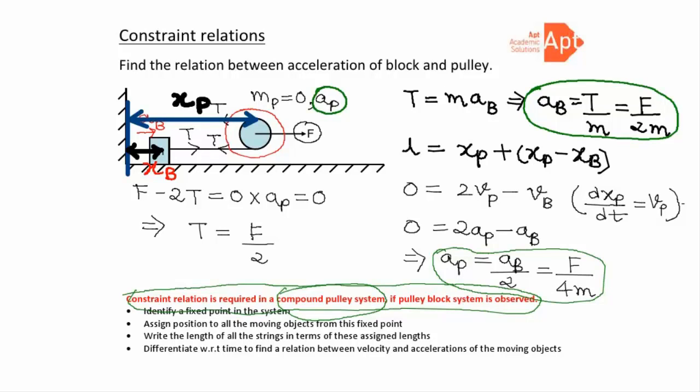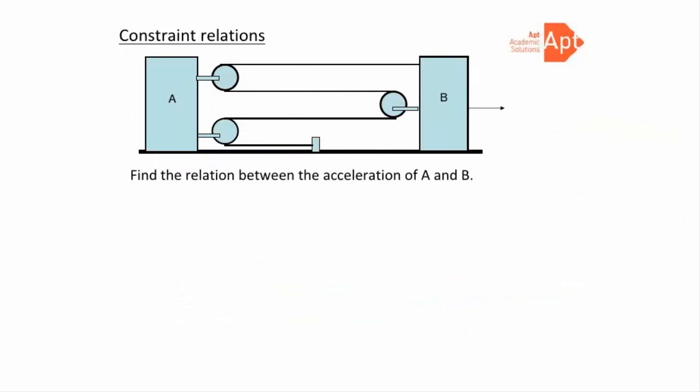Now let's take one more example. We want to find simply the relation between the accelerations of A and B. In this entire system, this object is at rest. So draw a reference line from this point, that is the reference point in this case. Assign lengths to all the moving objects.